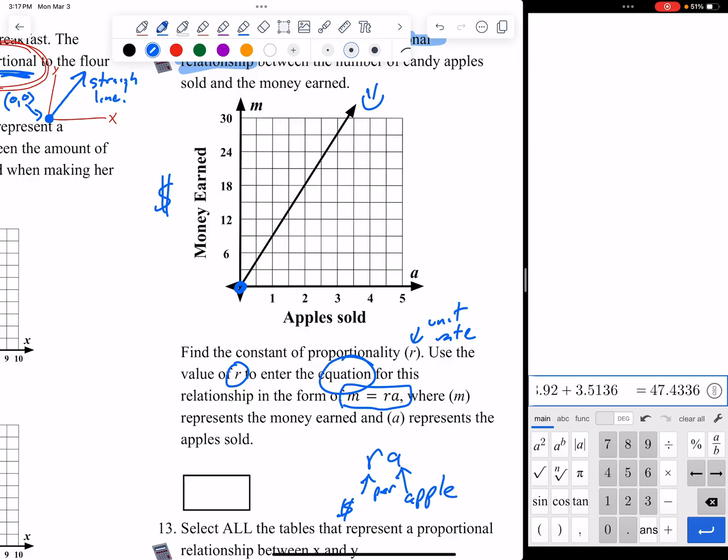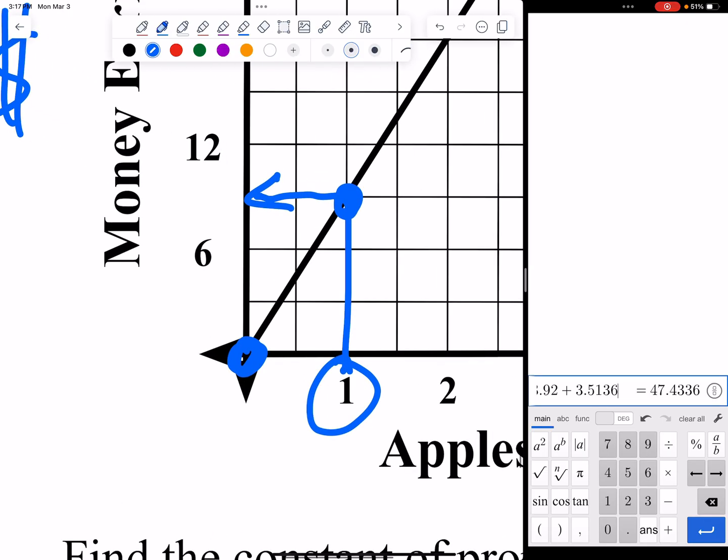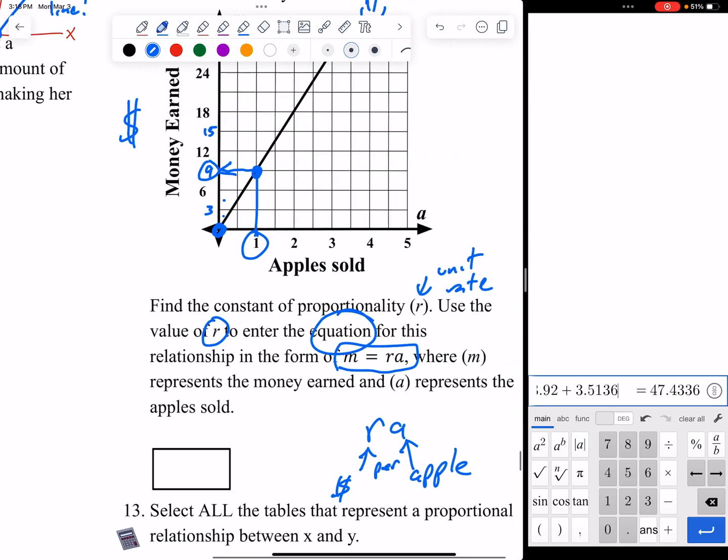Well, if I want 1 apple, I just got to go up here, and it gives me how much money. Well, if that's 6, and 6 is for 2 squares, that means each one is 3. So 3, 6, 9, 12, 15. And then in this case, one apple is going to be $9.